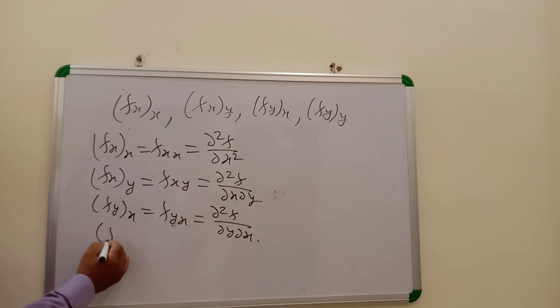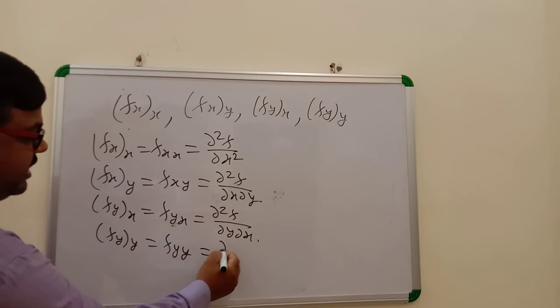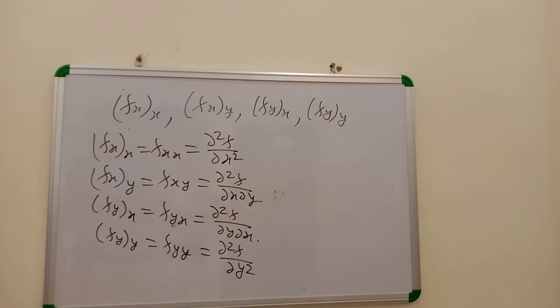Similarly, fyy is del 2f over del y square. Thus, the notation fxy or del 2f over del y del x means that we differentiate first with respect to x and then with respect to y. And in computing fyx, the order is reversed.